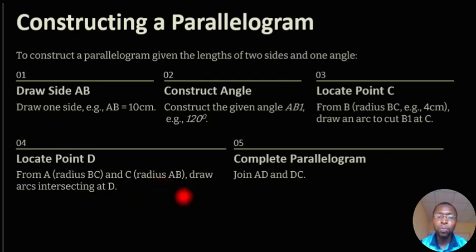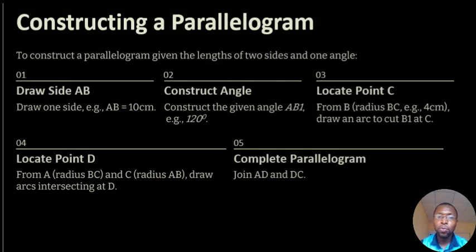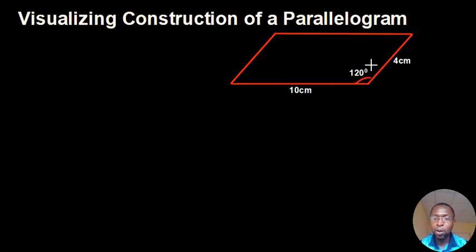So to make it more visible, let us do the practical of this. All right. So if you are given a parallelogram of 10 centimeters and 4 centimeters and then angle 120 degrees, the first thing you need to do here is to draw your 10 centimeters line.